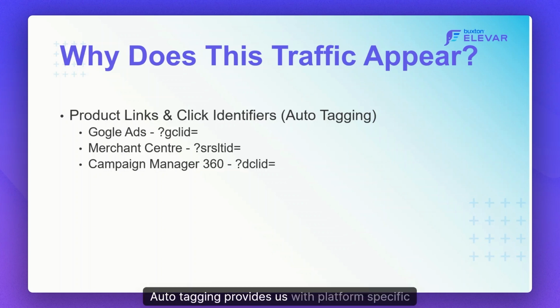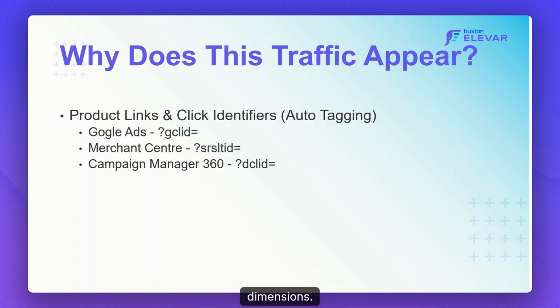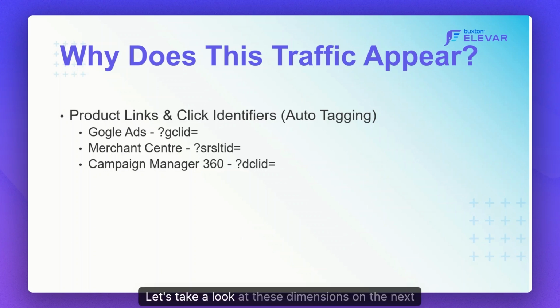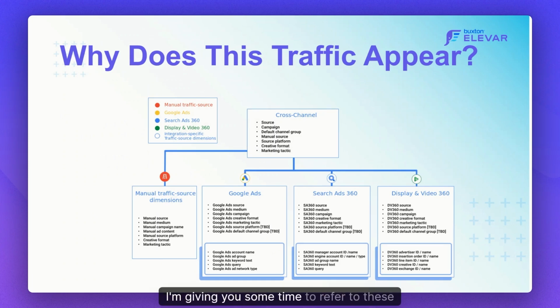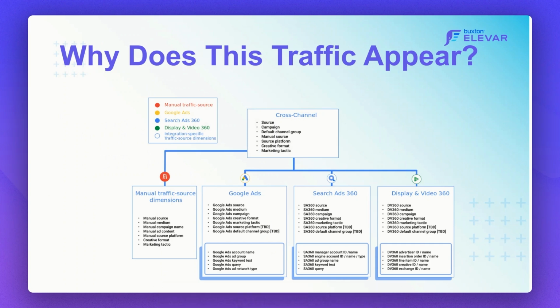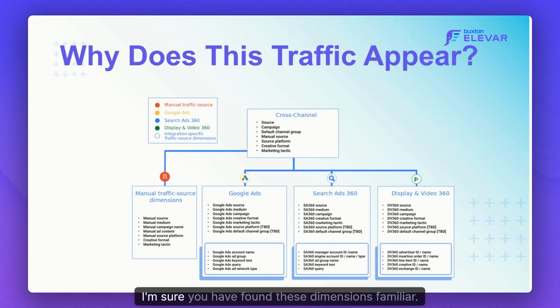Auto tagging provides us with platform specific dimensions. Let's take a look at these dimensions on the next slide. I'm giving you some time to refer to these dimensions. I'm sure you have found these dimensions familiar.